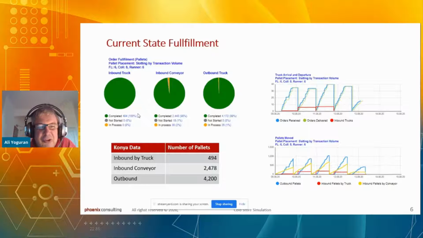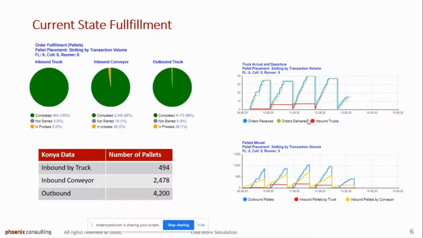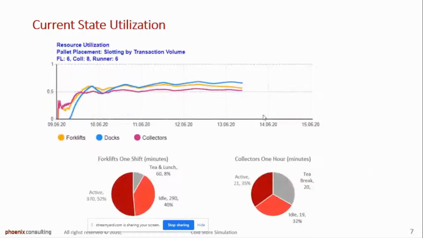We have loaded all the trucks, we have offloaded all the trucks, and we have handled the pallets coming from the conveyor. And this is how orders received, orders delivered, inbound trucks, and the number of pallets moved around all fit together. That's fine. This was a cross-check that we have delivered what they deliver in the physical world.